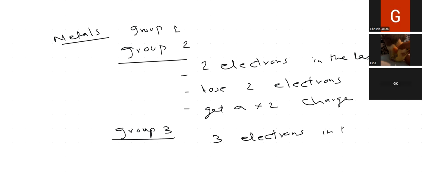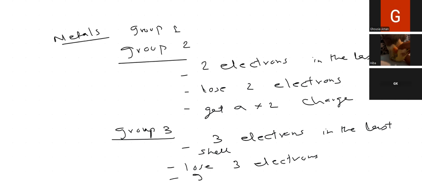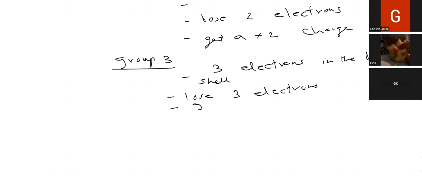During the chemical reaction, they lose 3 electrons and they get a +3 charge. Please copy it for group 2 and group 3.